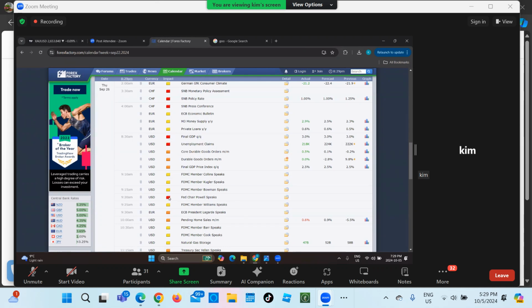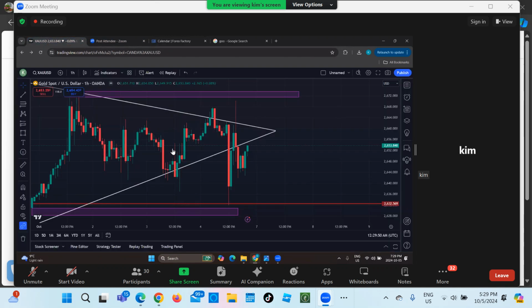So I don't normally trade on news. I normally trade when there's no news. I always stay away from it because it's basically gambling.